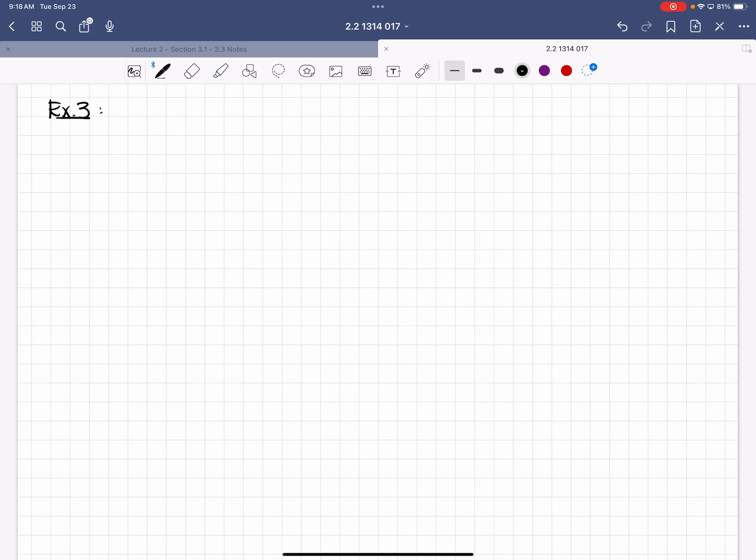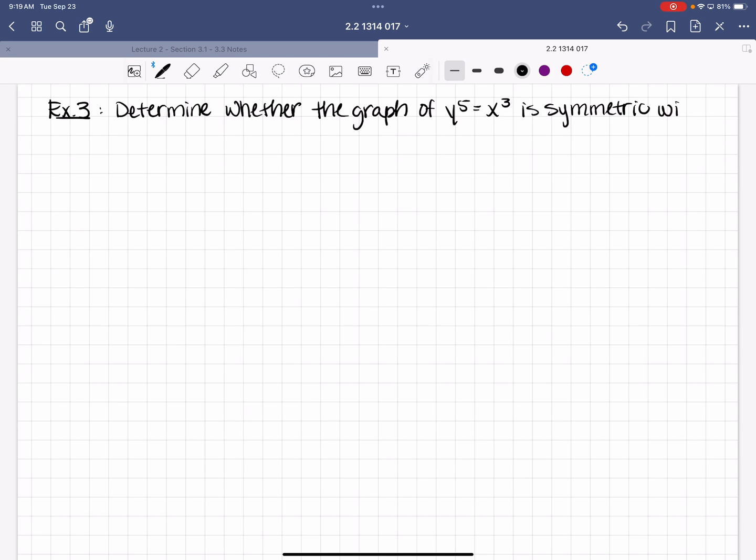Once again, we are going to determine whether the graph of y to the 5th equals x cubed is symmetric with respect to the y-axis, x-axis, or the origin.